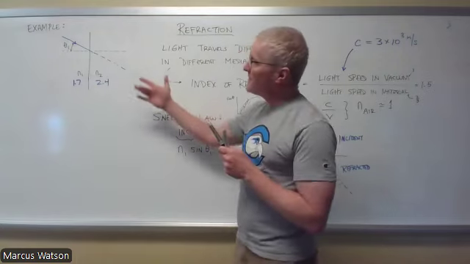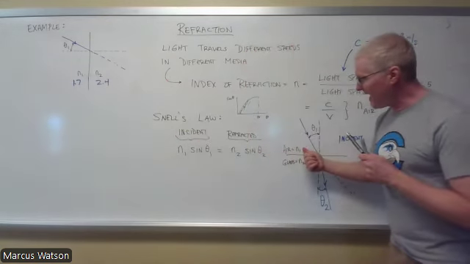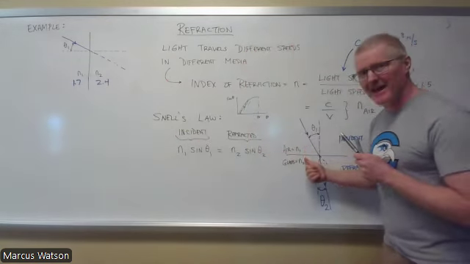If we go 1.7 to 2.4, that's the same situation as going air into glass. I'm increasing the index. Okay? So when I look at my Snell's mathematical representation here, if n1 is lower and n2 is bigger, then I know that this angle of theta 2 has to be lower than theta 1, which means I should be able to draw this as bending towards the normal this way, like that, and therefore this angle here would be theta 2.